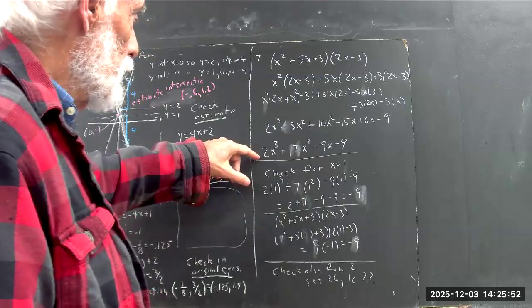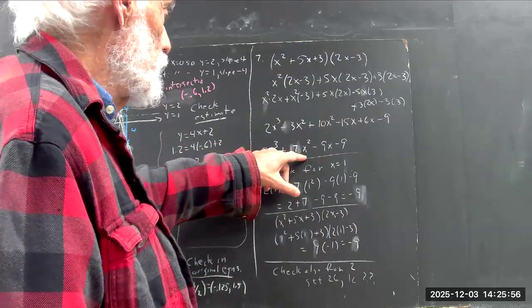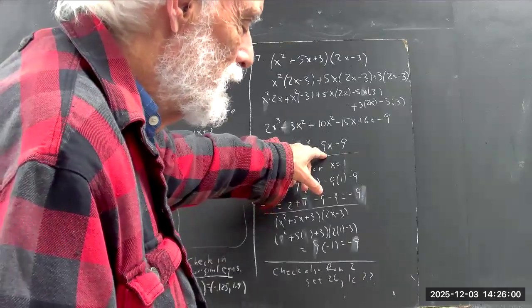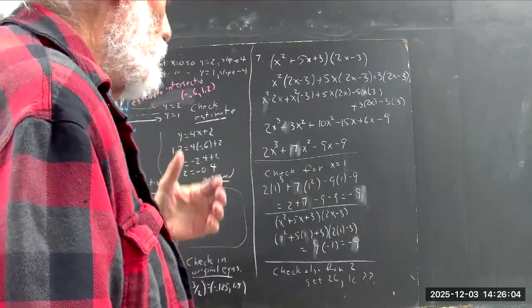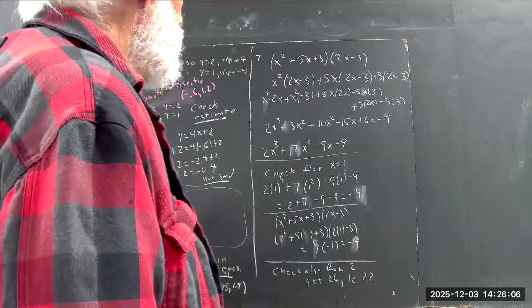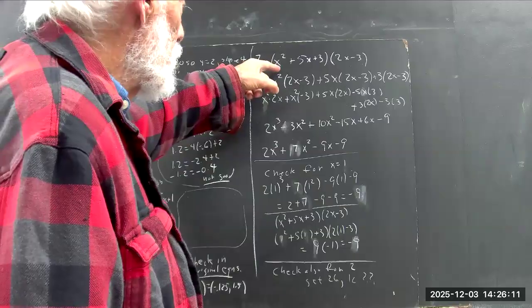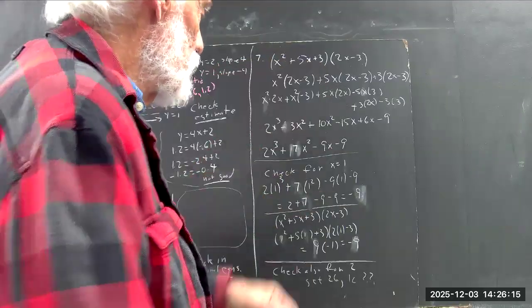Let's look at this one again. That's going to be 16. That's going to be 28, gives me 44. Oh, 9x would be negative 18 and minus 9, which is negative 27. And 44 minus 27 is 17. I get 17 here instead of 16. I get 4 and 10 is 14 and 3 is 17.